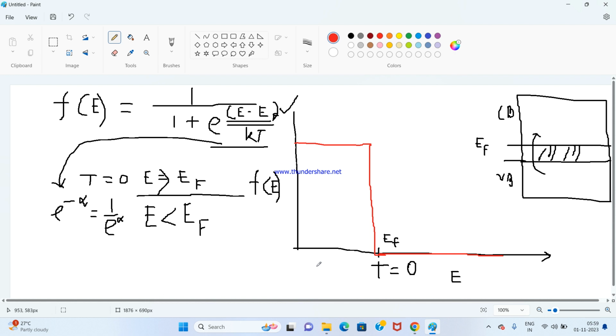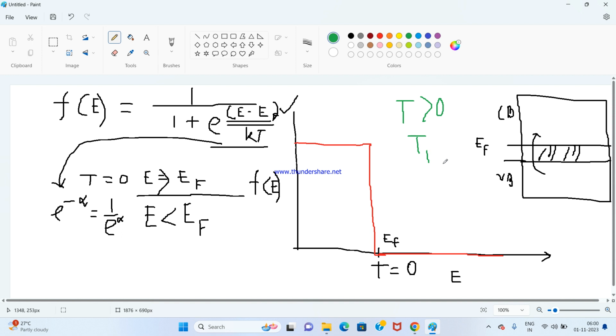Okay, now if the other condition is T greater than 0, that means say it is T1.